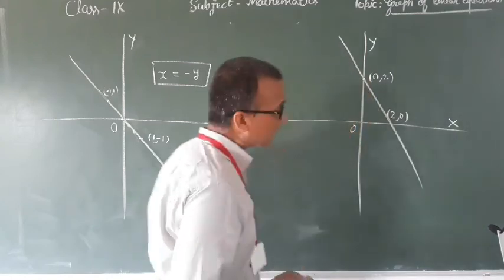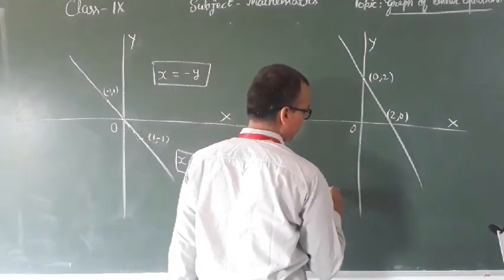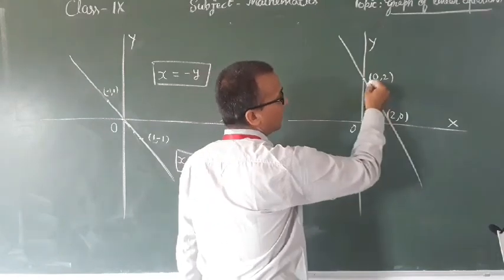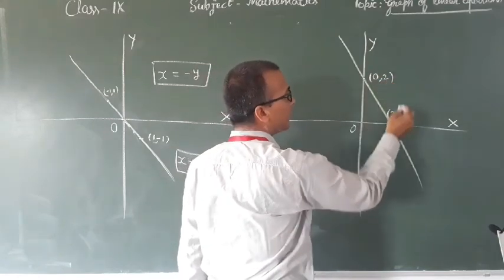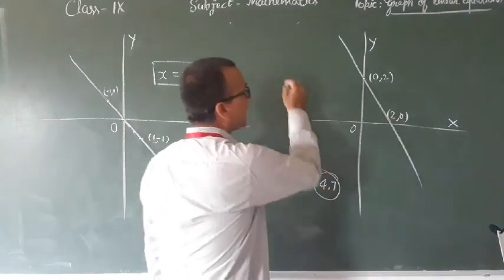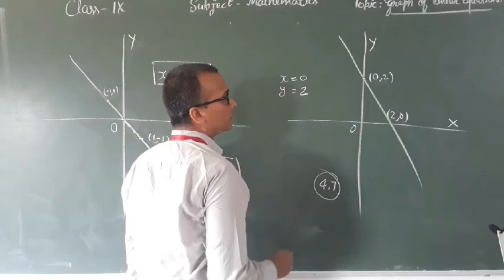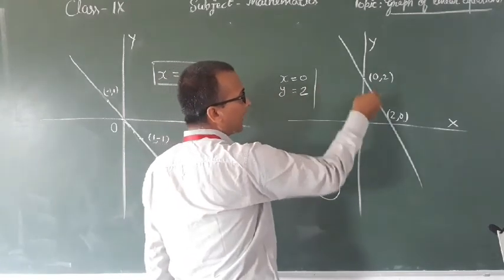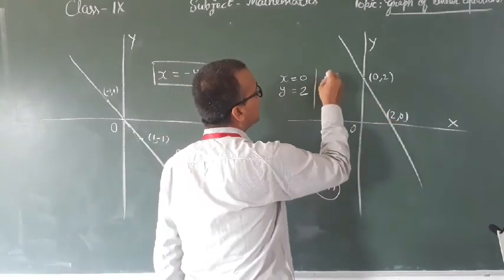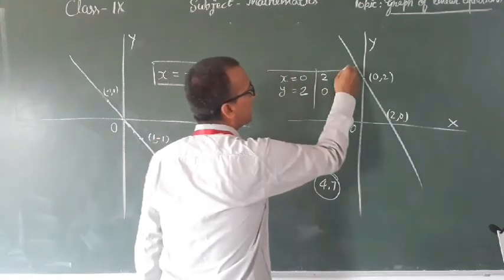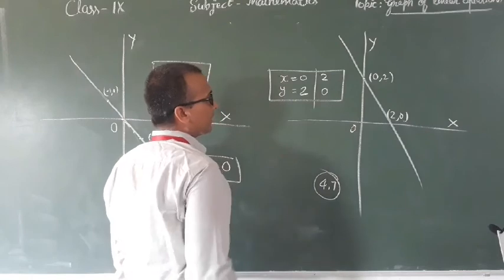In figure 4.7, this is the line. It passes through (0, 2) and (2, 0). When x is equal to 0, then y is equal to 2. And when y is equal to 0, then x is equal to 2. What will be the equation of the line?